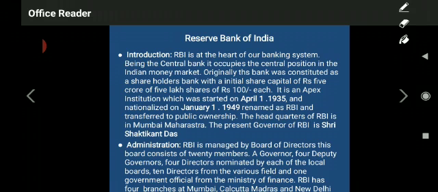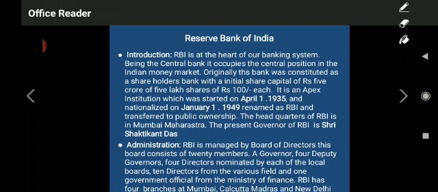Originally, this bank was constituted as a shareholders' bank. Originally, meaning before 1935, the Reserve Bank of India was a shareholders' bank. What was the share capital in the beginning of this bank?